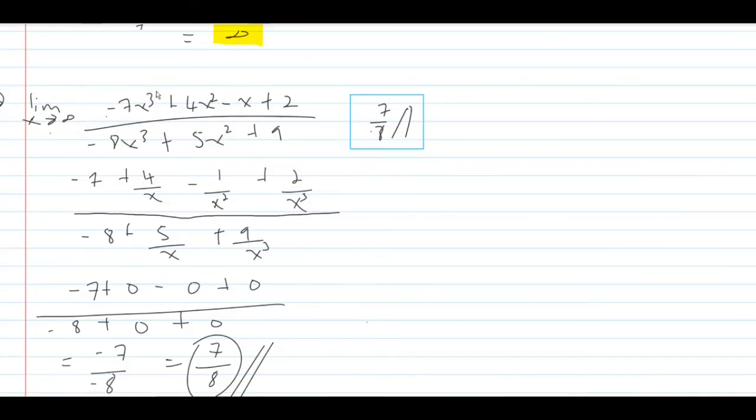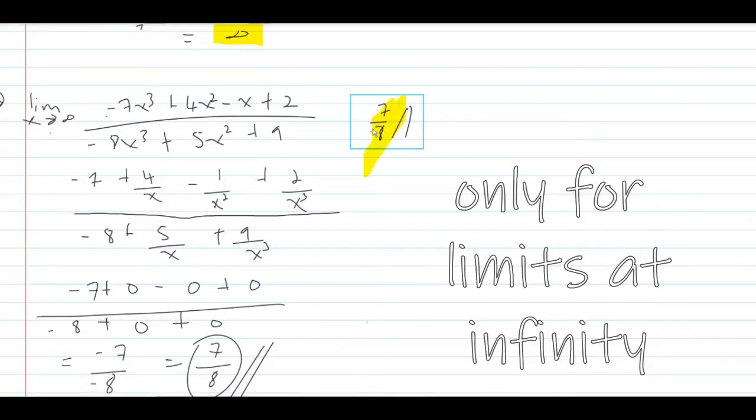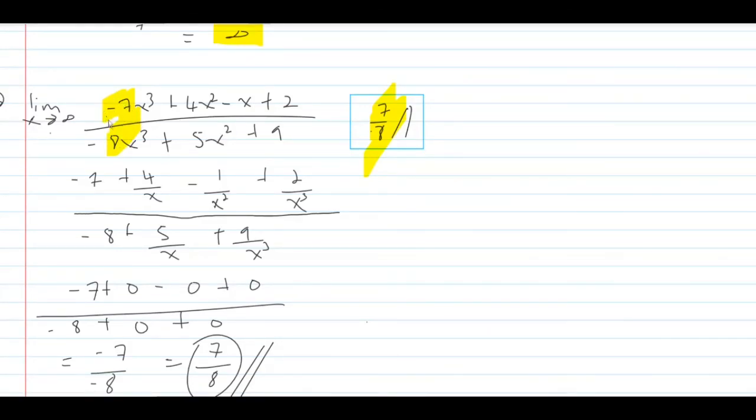So remember, when the highest x power in the numerator is equal to the highest x power in the denominator, then the limit of our function would just be equal to the ratio of the coefficients of those x terms. And in this case, even though they are negative 7 and negative 8, we got a positive 7 and a positive 8, because the negatives cancel each other.